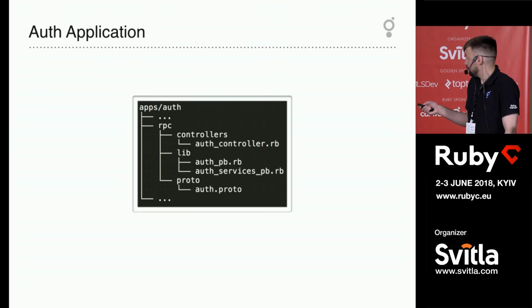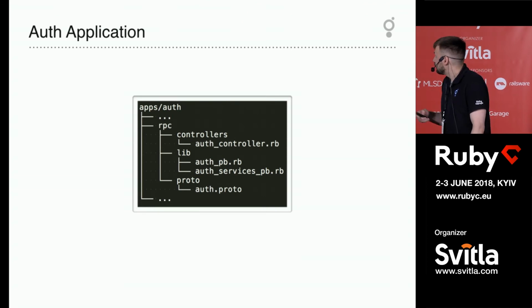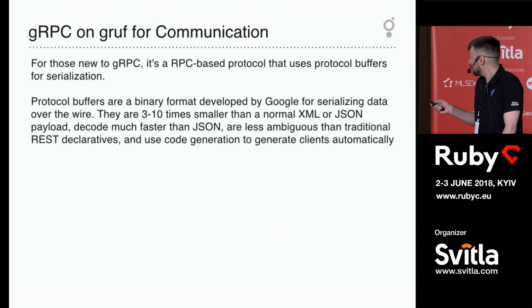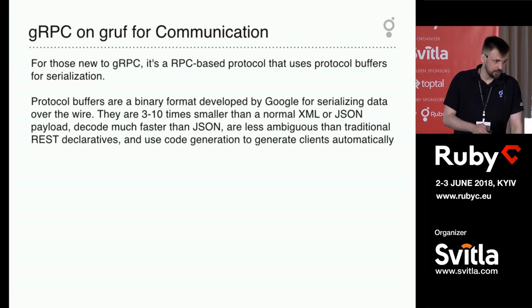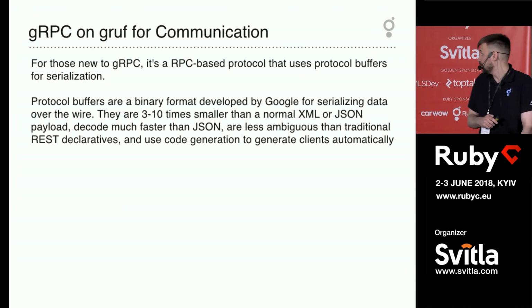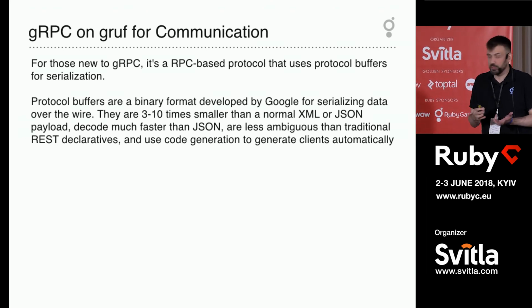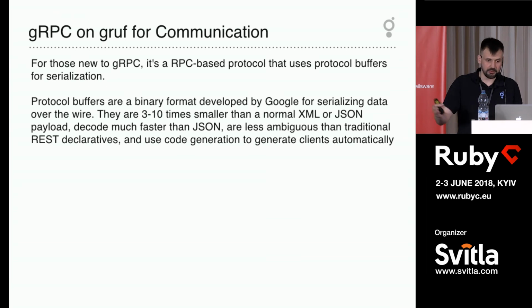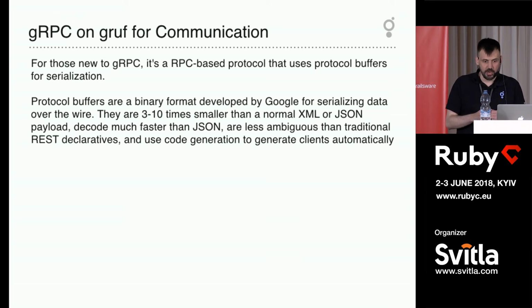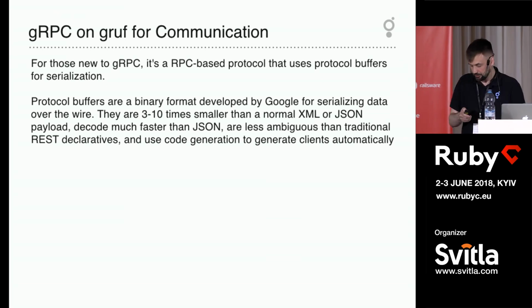So we can use the Gruf gem to connect with gRPC. And this approach gives us the ability to call some functions and methods outside of our application, but in the same way.